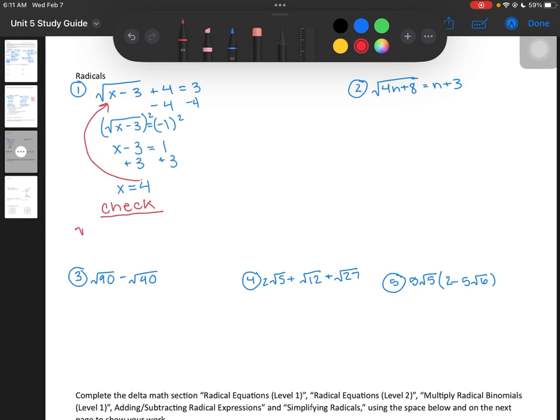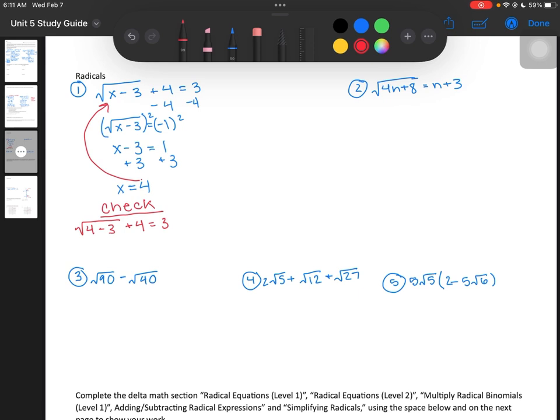So here, I'm going to have 4 minus 3 plus 4 equals 3. So we always want to use the very original problem before we do any solving. That's going to help us have the best check and to make sure that we didn't do any algebra steps wrong that could mess us up later on.